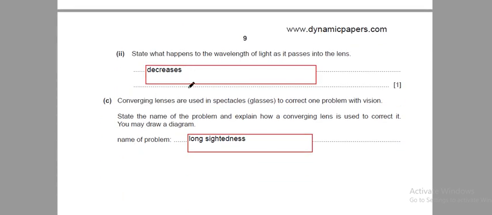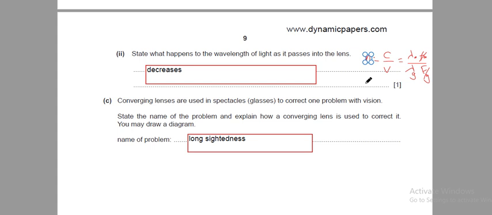State what happened to wavelength of light as it passes into lens. It decreases because, as we know, n is equal to c over v. It is equal to wavelength in air times frequency in air over wavelength in glass times frequency in glass. Frequency in glass and frequency in air are equal because it's the same source that produces the light.